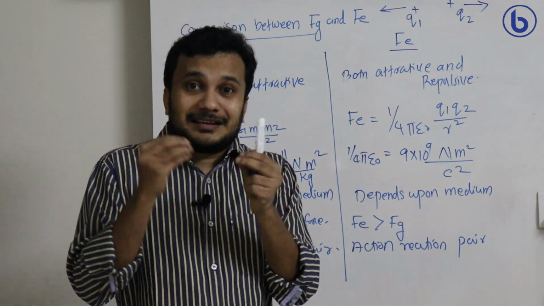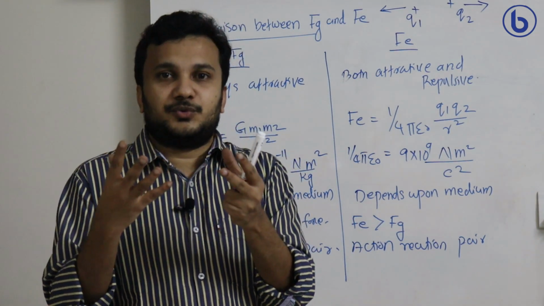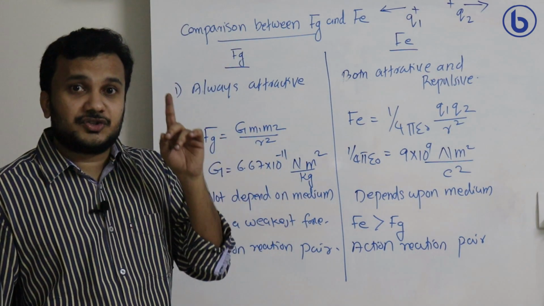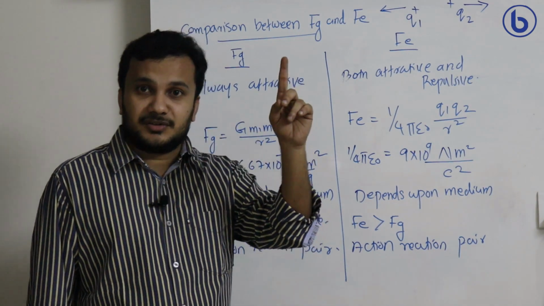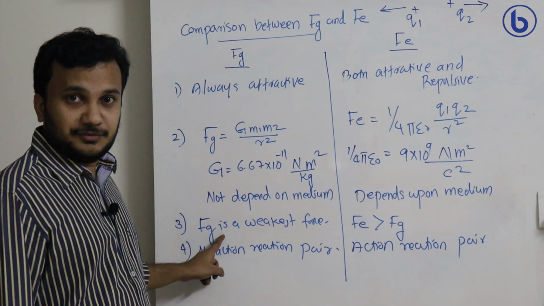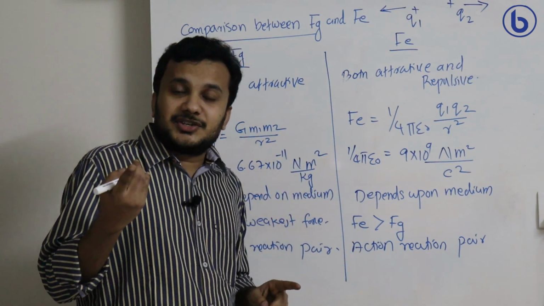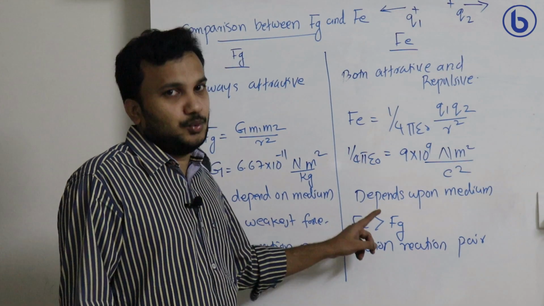So the force that exists within the nucleus is called nuclear force. That nuclear force is the strongest force in the universe, and the weakest force is gravitational force. Electrical force is higher than gravitational force but lesser than nuclear force.